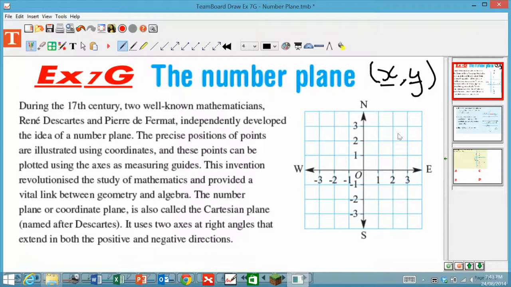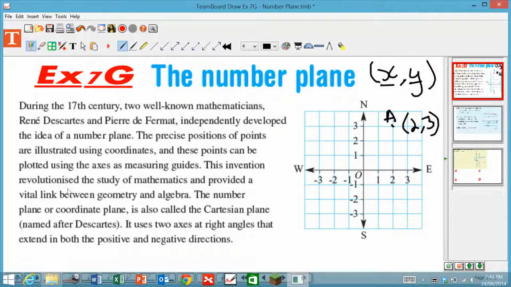For example, if I label this point A, it is at 2 on my x-axis and up to 3 on my y, so (2, 3). That's how we can easily and precisely dot points on these number planes.